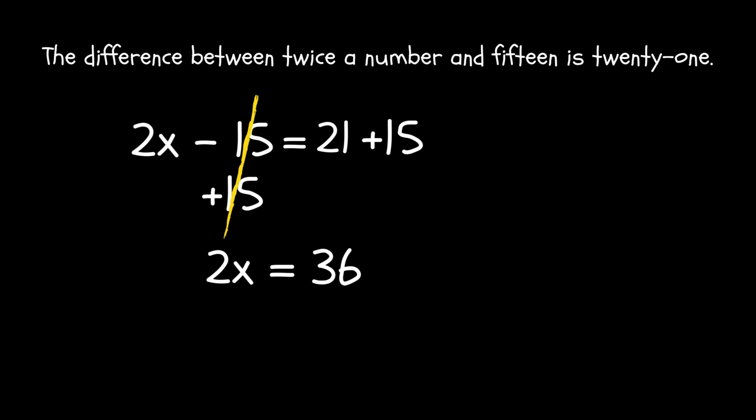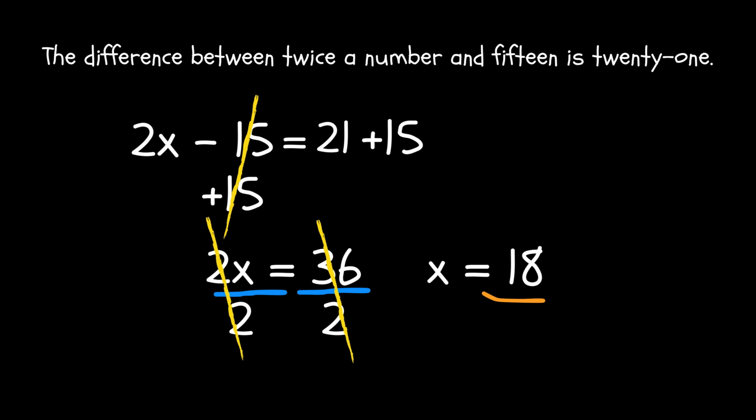Now we have the equation 2x equal 36, and to solve for x we need to divide by 2 on both sides. The 2's will cancel, and 36 divided by 2 is 18. So our final answer is x equal 18.